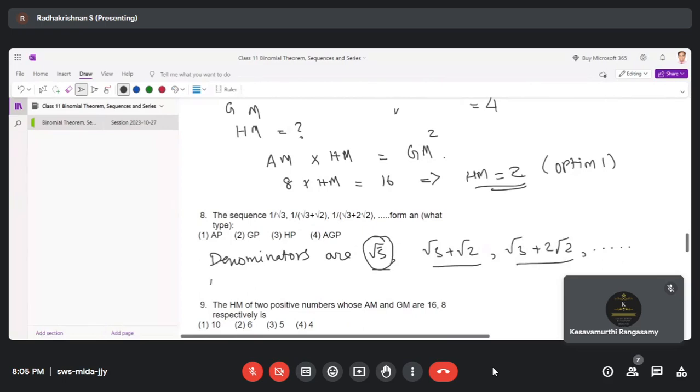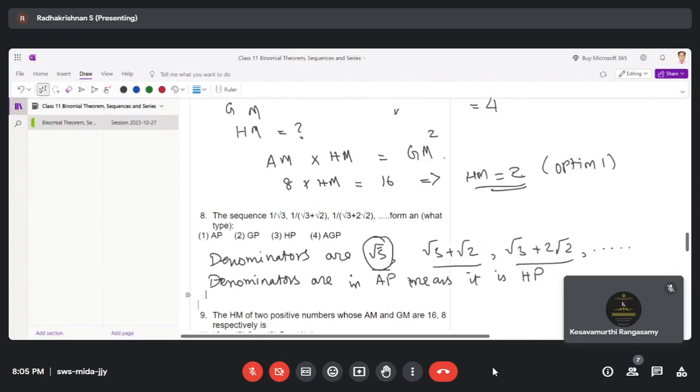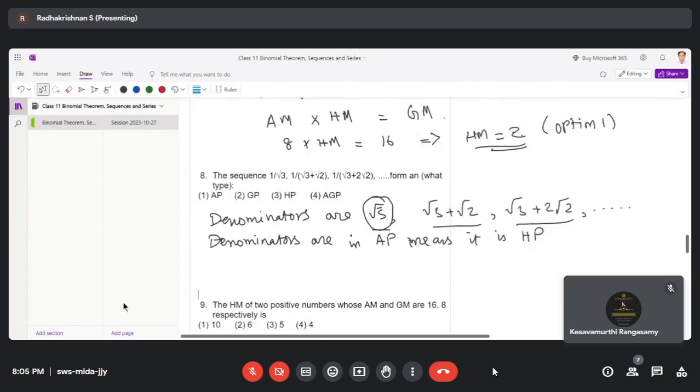So that means HP equal to denominators are in AP, means it is a HP, harmonic progression. That is your definition of HP. Denominators are in AP. So your option 3.